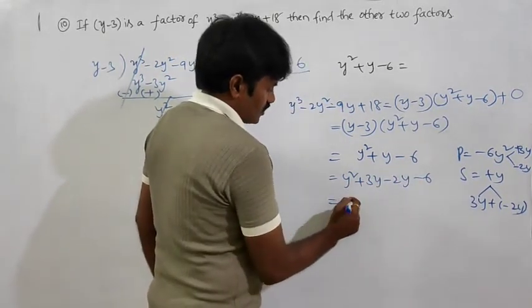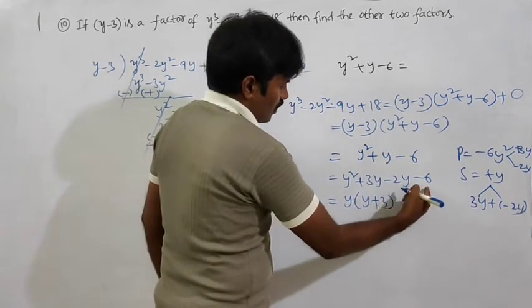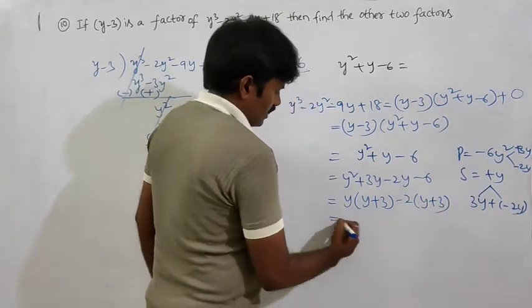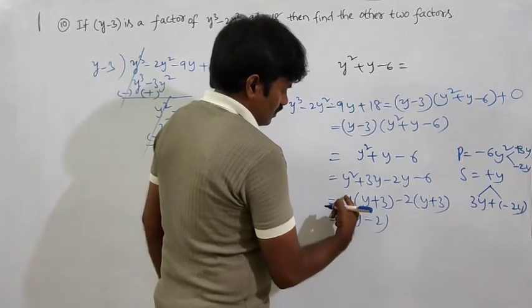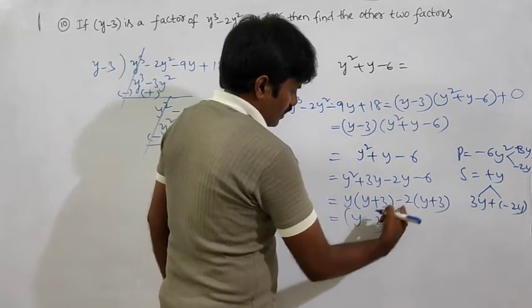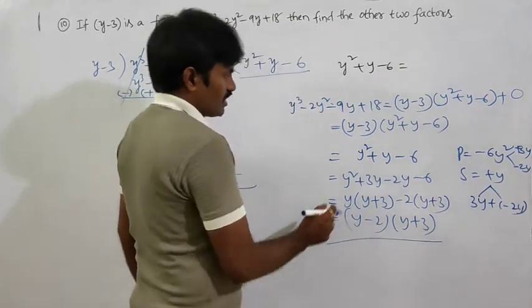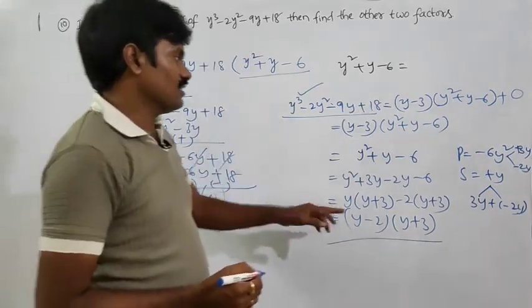From the first two terms we can take y common, the remaining is y plus 3. From the last two terms we can take minus 2 common, the remaining is y plus 3. Taking y plus 3 common, the remaining factors are y and minus 2. So these are the factors. Now finally, how many factors did we get? We got 3 factors.